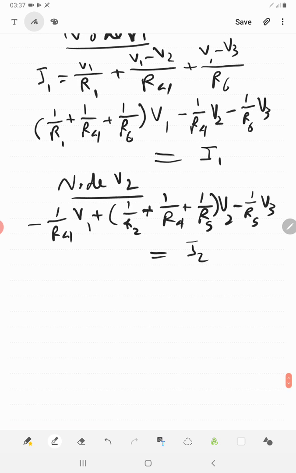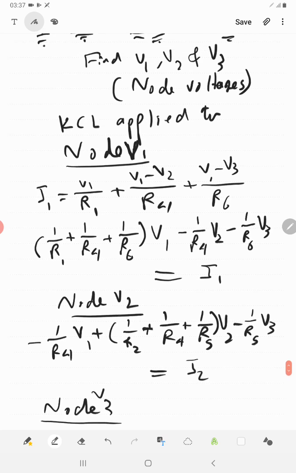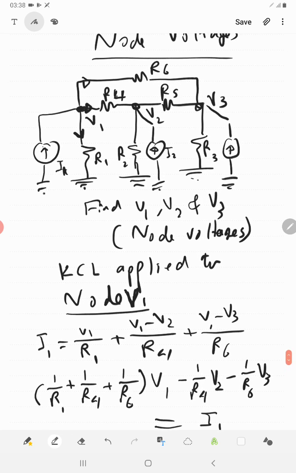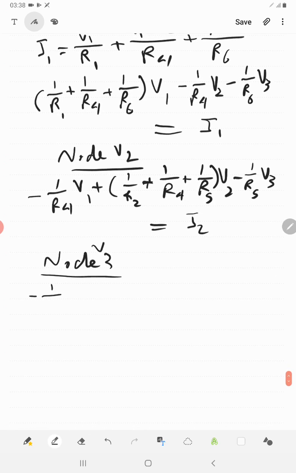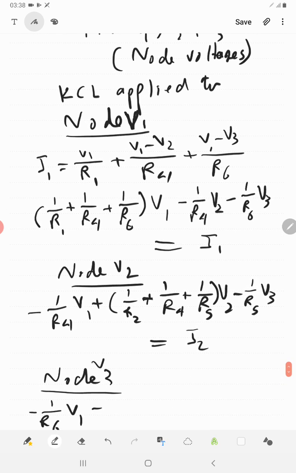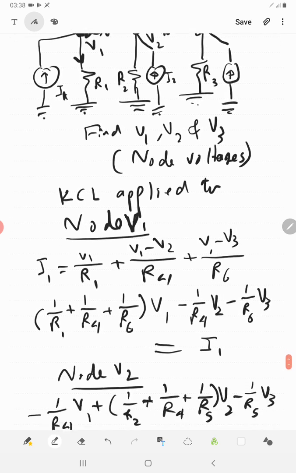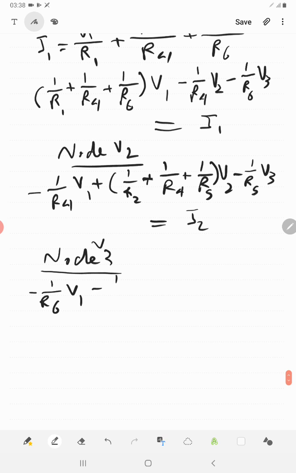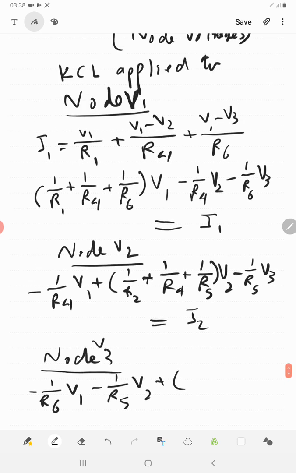We apply this to node 3, or V3. V3 is connected to V1 through R6, so we say minus 1 over R6 times V1, minus, connected with V2 through R5, so minus 1 over R5 times V2, plus the sum of all of them.